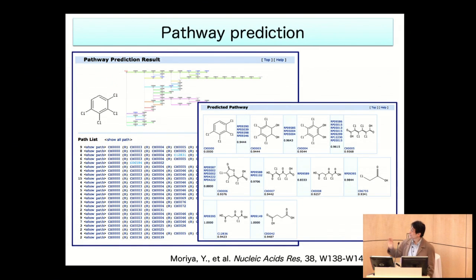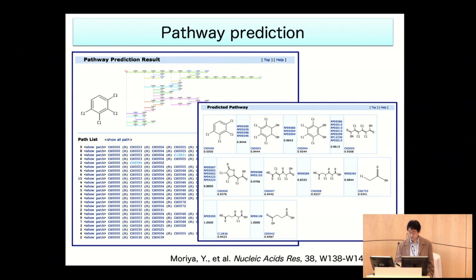And I'm not going into detail on the pathway prediction, but once we define the reaction patterns I show at the very bottom level of this visualization, you can predict some new pathways from a new compound which are not stored in the database yet. So in this case, this is a query compound.